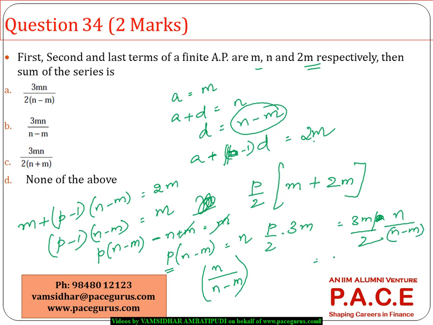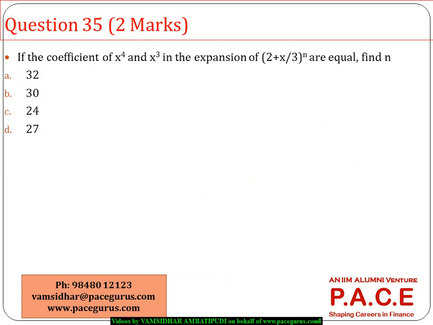So I'll get the answer as 3mn by 2 into (n minus m), which is the option choice A. So I can very well mark this as the answer in this case. Alright, let's move on to the next question now.